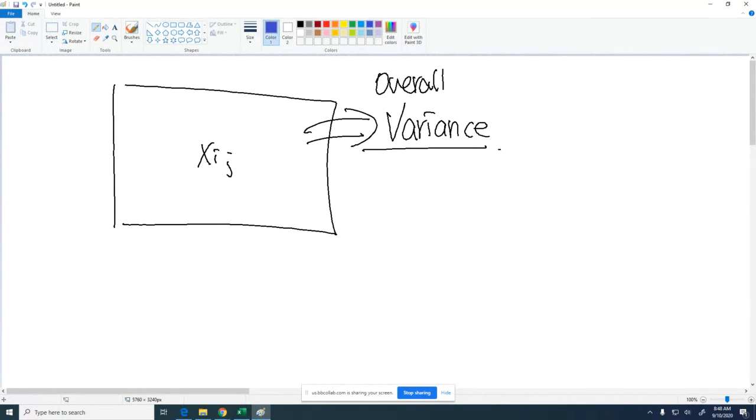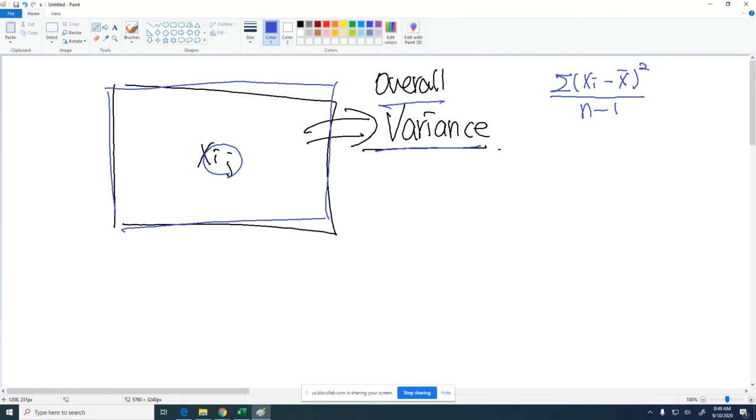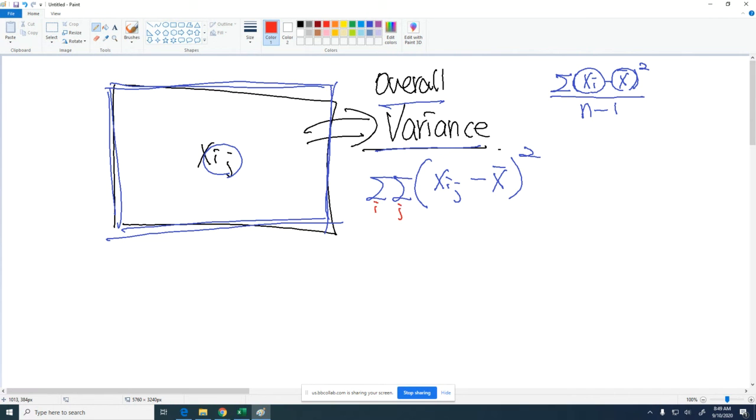You know, the formula for the variance was the summation of xi minus x bar square over n minus 1, right? But now we have 2 indices. So the individuals here are xij's, and here's the x bar. Who was the x bar? The overall mean, right? And take the square, and we have to take the double summation. One for i, one for j.